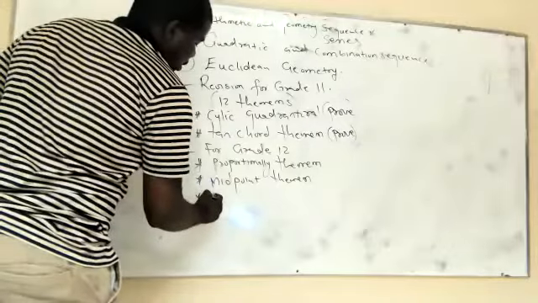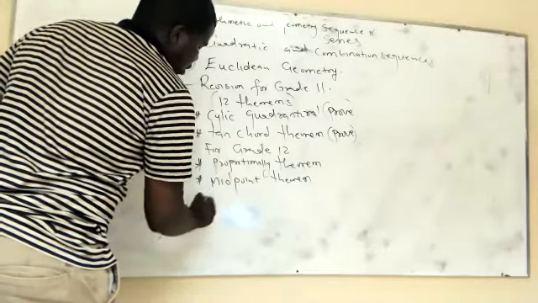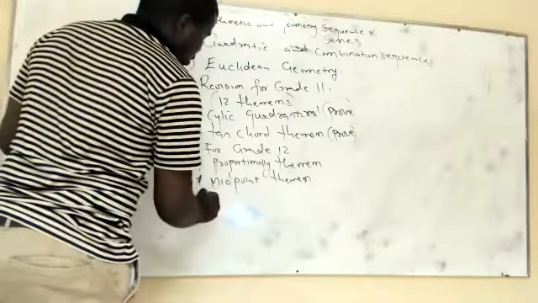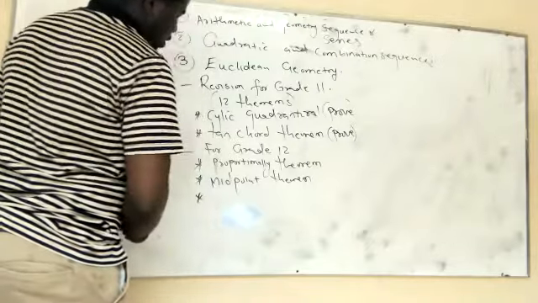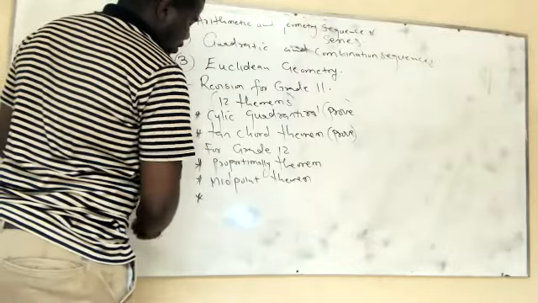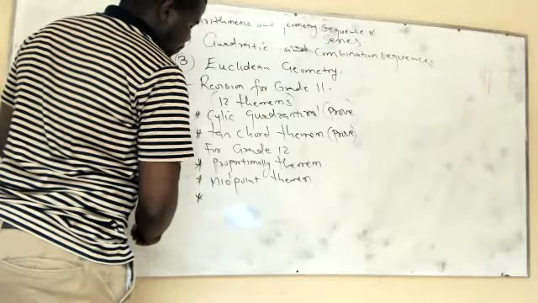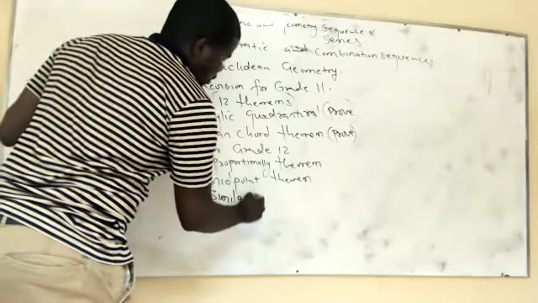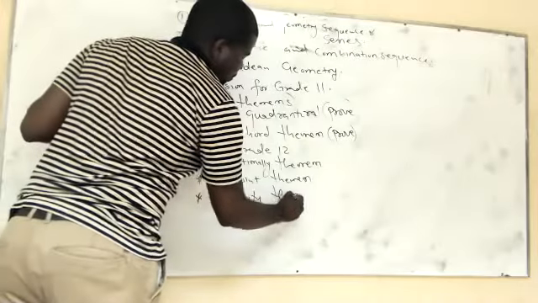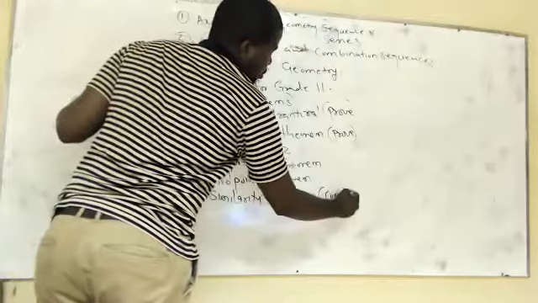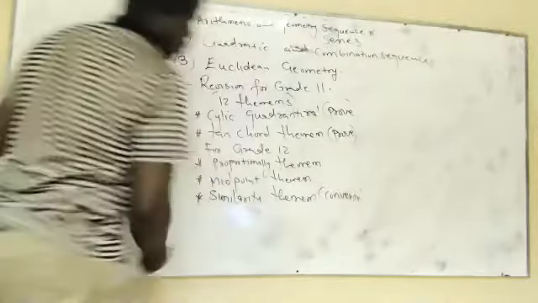And then the other one is the equiangular, or let me use that other word, so we can have midpoint and similarity. Yes, I wanted to remember this word. So the similarity theorem, which also has a converse, of which you must take note.